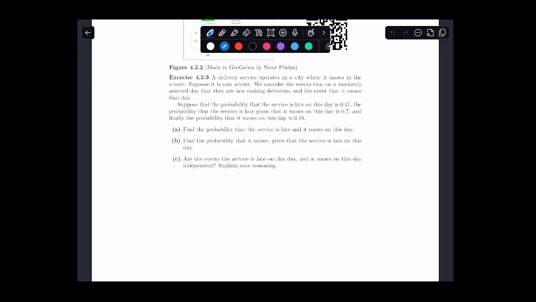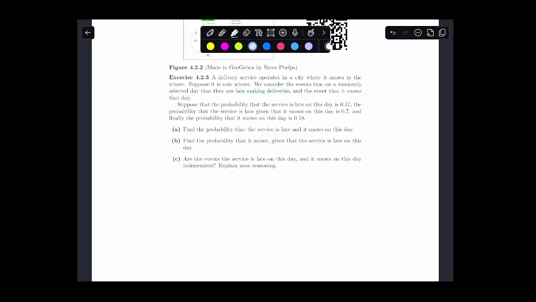So in exercise 3, it says a delivery service operates in a city where it snows in the winter. And now it's the winter, and we're going to look at the events that on a randomly selected day that the delivery service is late making deliveries, and the event that it snows that day.